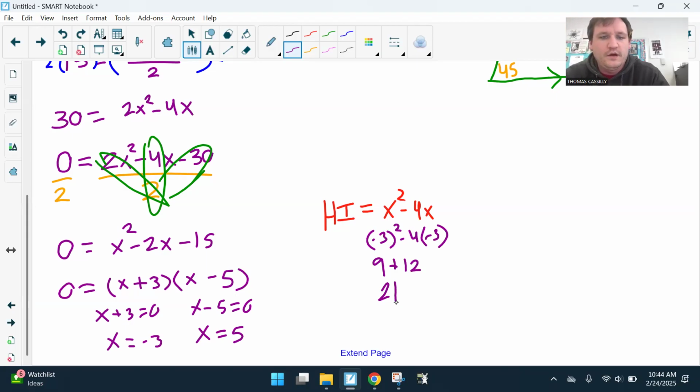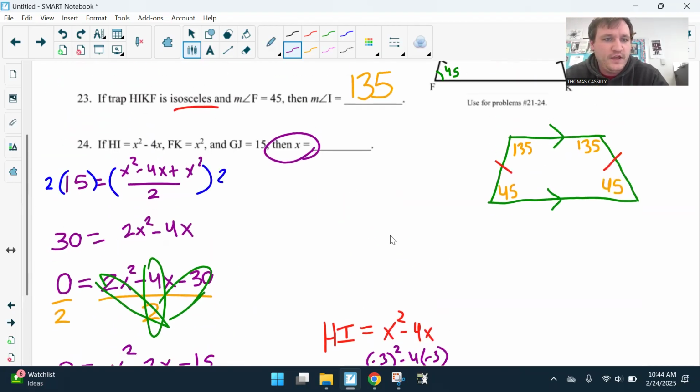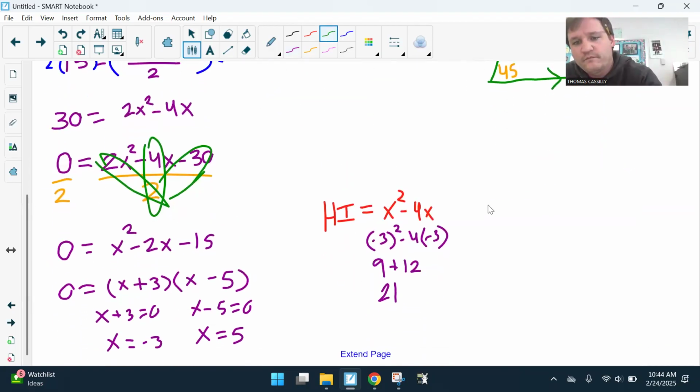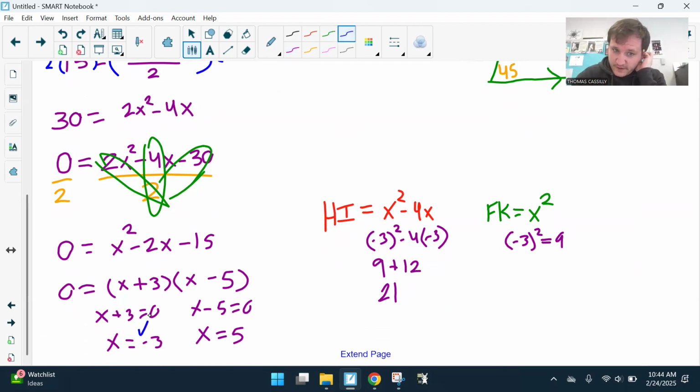Let's plug it into the other one, FK. FK equals x squared. So if we plug in the -3 here, again, -3 squared equals positive 9. So the -3 looks good. That one's fine. Let's plug in the other one. I'll go up above it. Let's say you got 5 squared minus 4 times 5.